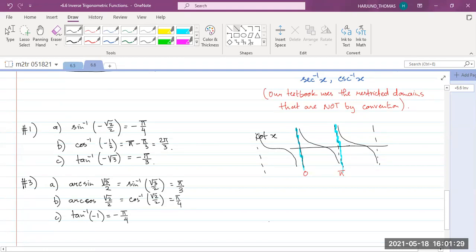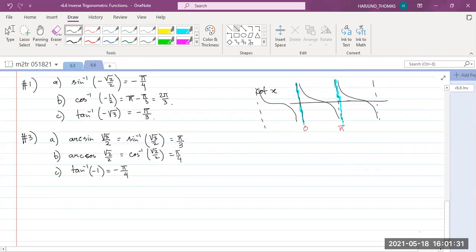Number 5. Part A, what is sine inverse of pi over 3? Now, this is not sine of pi over 3, which is radical 3 over 2. This is sine of what gives you pi over 3.